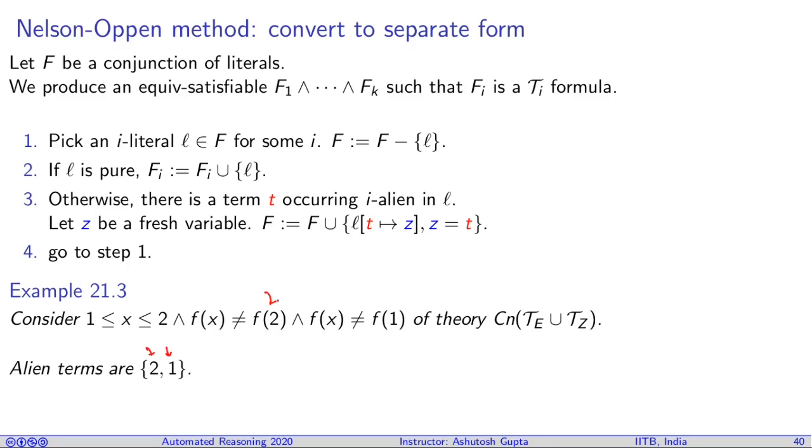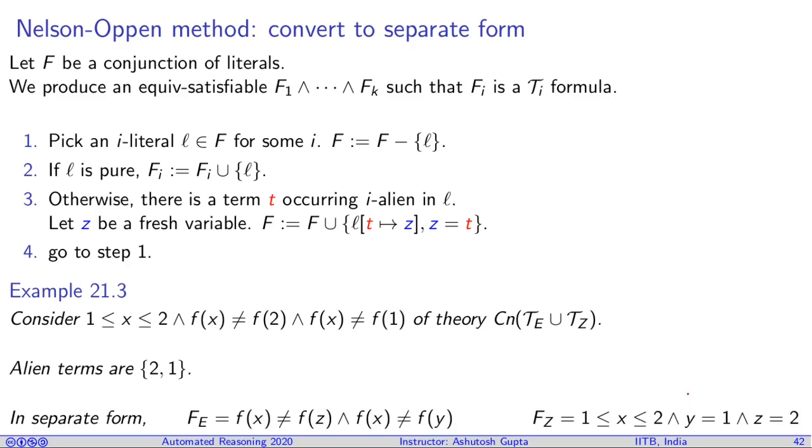Since 2 and 1 occur here, and this whole thing is about equality, while 2 and 1 are about integers, they should go away. We replace them by variables z and y, and we add that y equals 1 and z equals 2. Since these belong to the theory of integers, they move there, and the others are moved to the theory of equality.